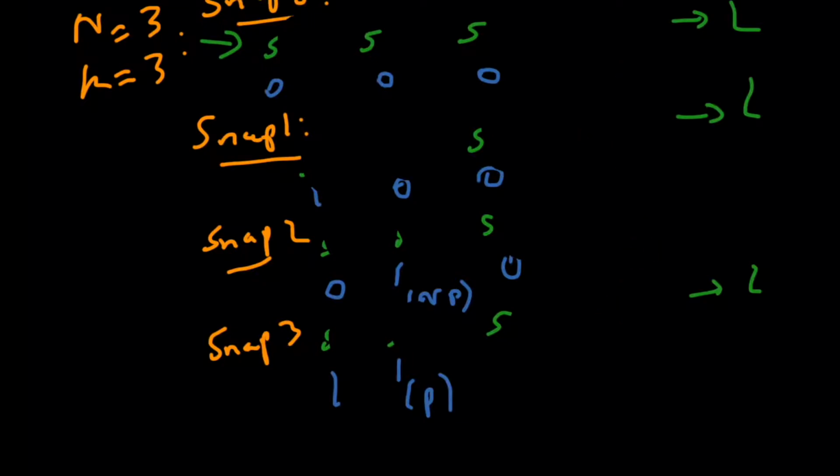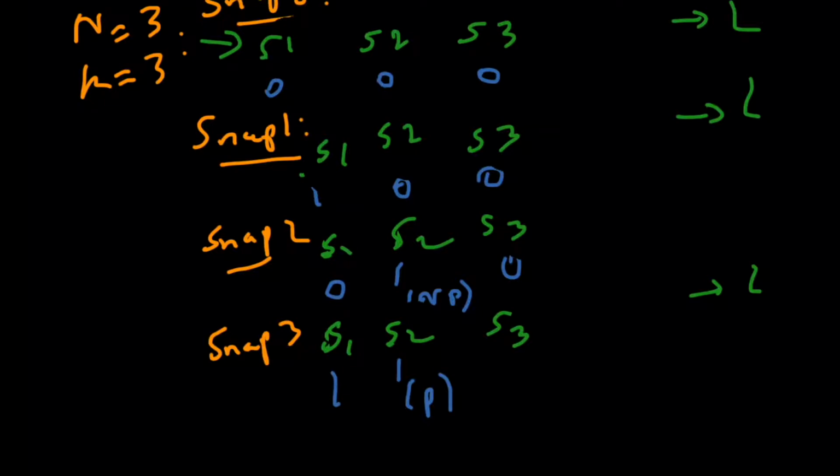And so we have S1, S2, S3, S1, S2. Okay. So now that we have this third step, this is 0.